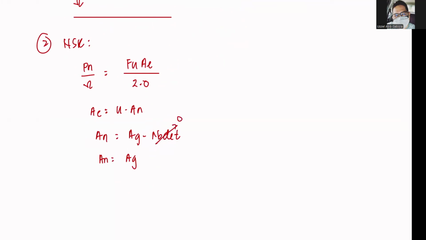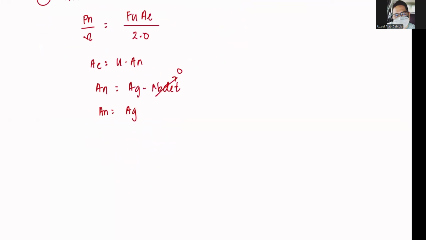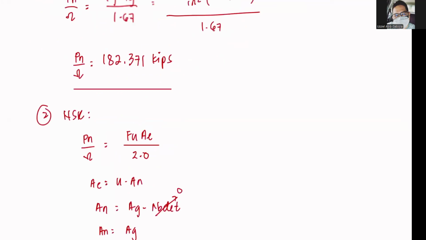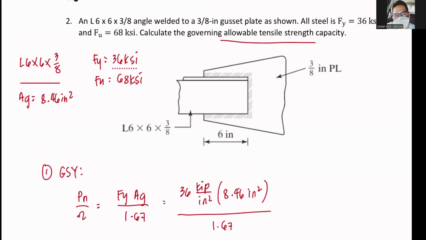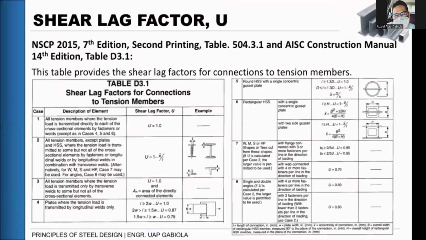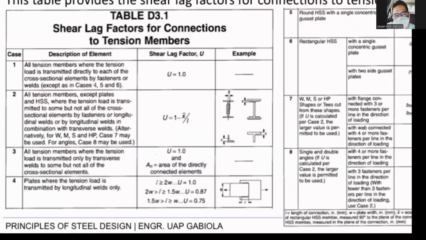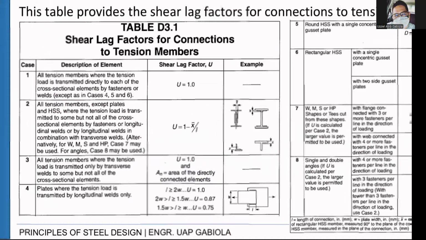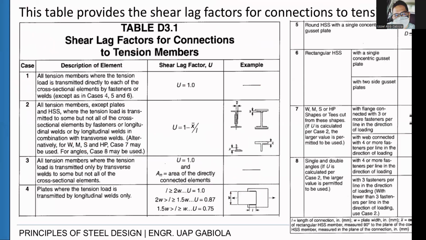Okay, so what's next is our shear lag factor. Since our angle is connected through just one leg, looking at our table, for all sections, the load is transmitted to some but not all elements by longitudinal welds, or by longitudinal welds in combination with transverse welds. So that is us. So we fall under case 2.